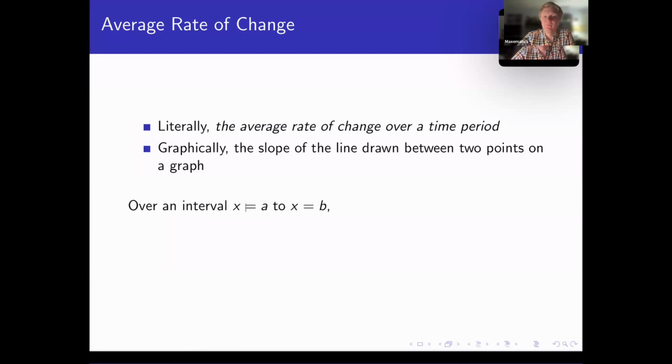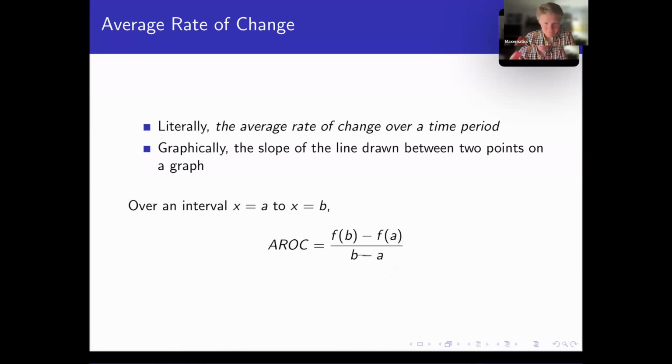So for some interval, x equals a to x equals b, the average rate of change is f of b, the value at b, minus f of a, the value at a, over b minus a. This looks a lot like y2 minus y1 over x2 minus x1, but now we have a very specific name. But also, when we talked about slope the first time, it was specifically for drawing lines.